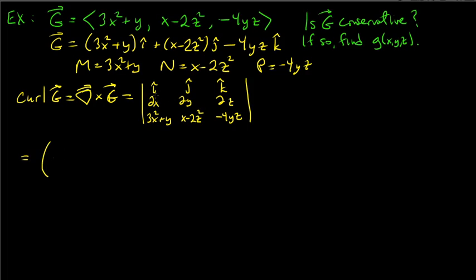I know I'm a little sloppy here. Unfortunately, this symbol for the partial derivative, if you're not careful, can almost look like a 2 if you're really sloppy. But those aren't 2's, obviously. Those are partial symbols.